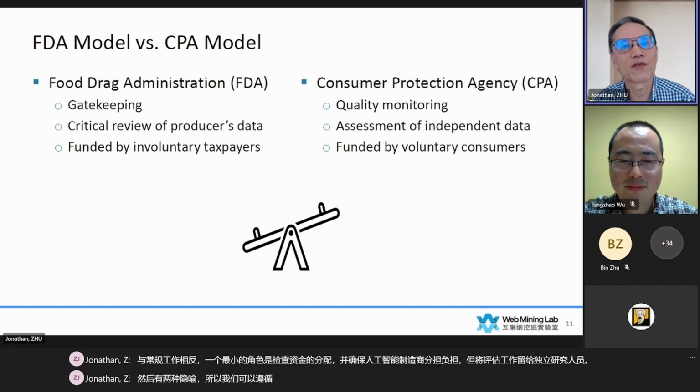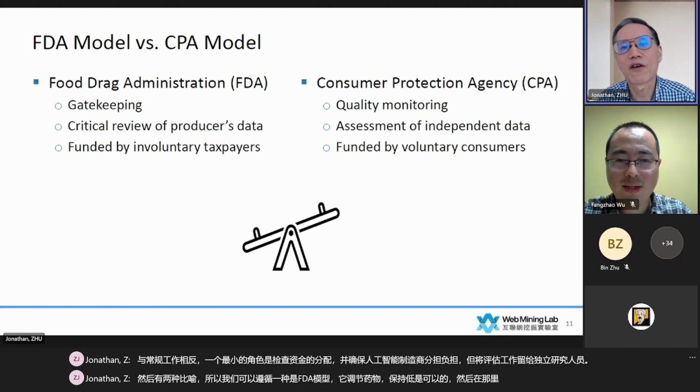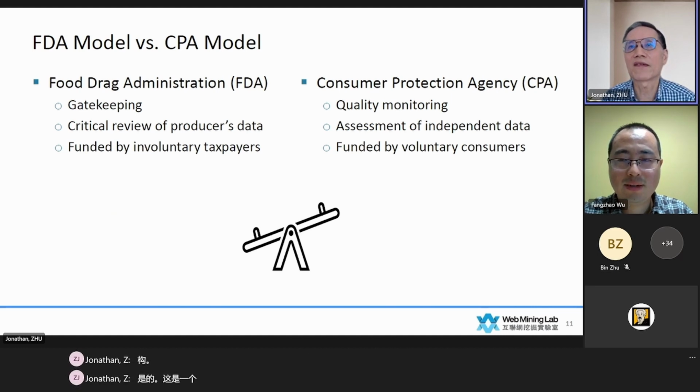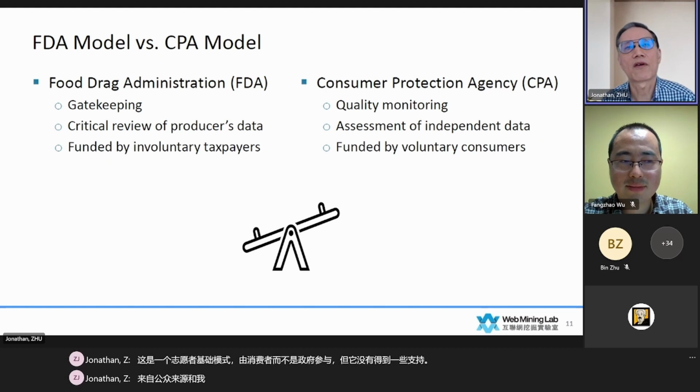One is the FDA model that regulates medication, and it's a gatekeeping role. And then there is a CPA model, which stands for Consumer Protection Agency. It's a voluntary model participated in by consumers rather than government, but it does receive some support from public sources. And I think the CPA model will work for the AI industry better than the FDA model.